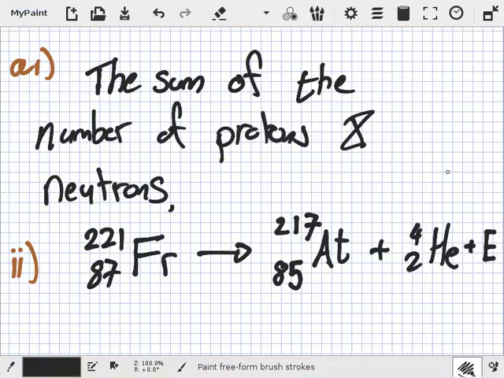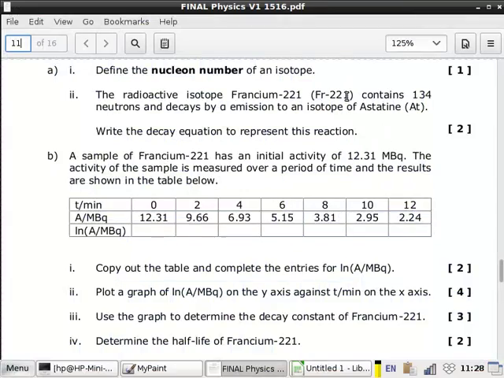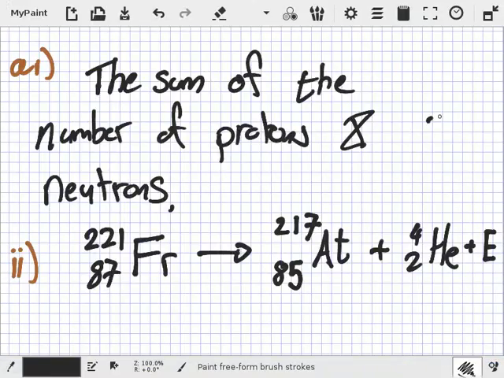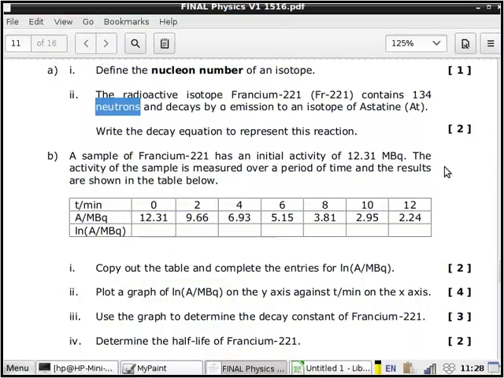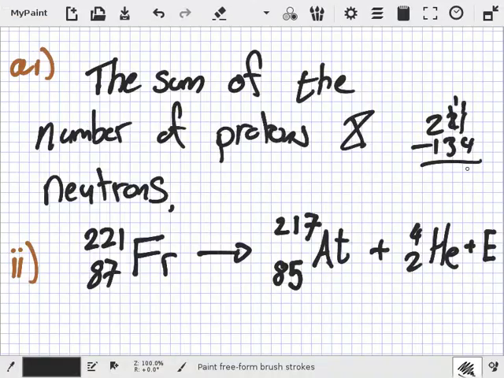What's wrong, Sean? Why is it 85? Oh, is it not 87? 221 minus 134. Oh. Yeah, 85. It's 87. I said why is it 85?